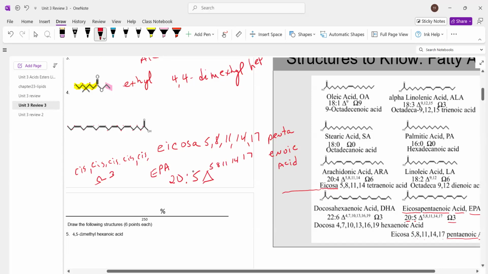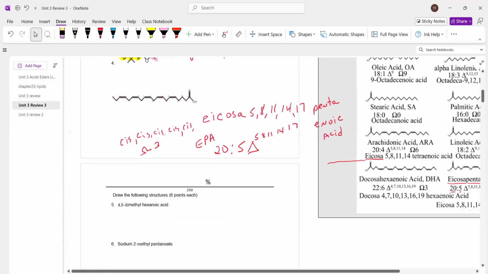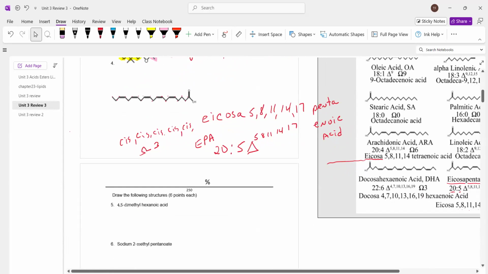Notice these are 3 apart. Okay, any questions about that? Now this would be a good thing to have on your 3x5 card.